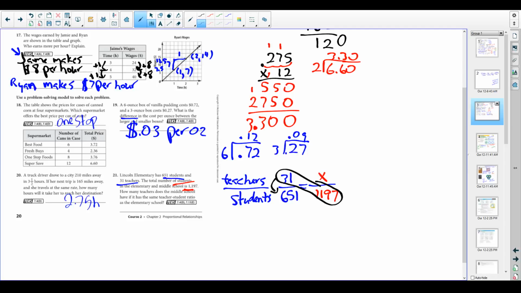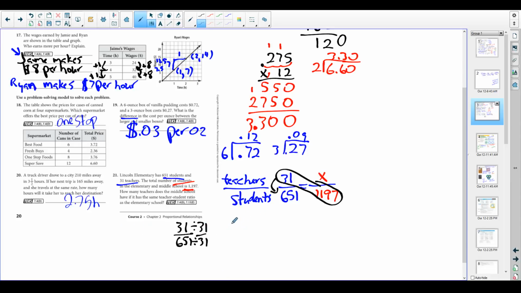What if? Okay. So instead of doing that, I'm going to try to simplify this because I just checked it and we can. So I'm going to try to simplify 31 over 651. What can I divide both those by? Well, 31 is prime. So I'm just going to try to divide by 31. Okay.